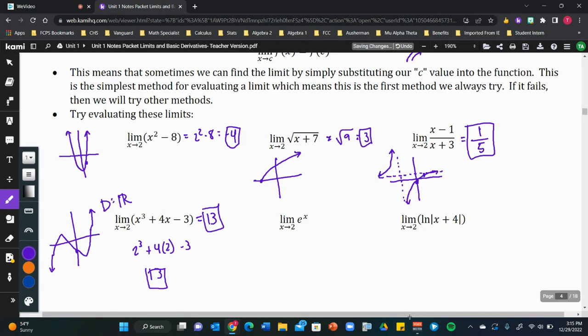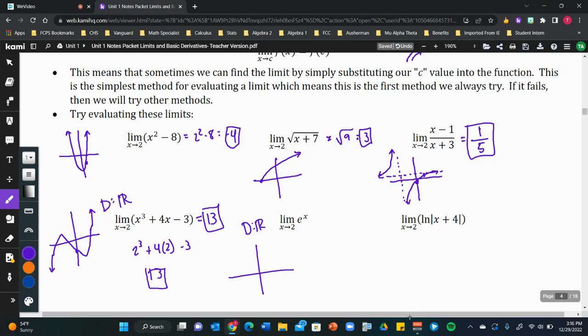All right, now next guy, e to the x, exponential functions. These are also well-behaved functions. They always have a domain of all reals because I can raise a positive number to any power that I want to without any issues. If you guys remember, exponential functions have a horizontal asymptote before any transformations.